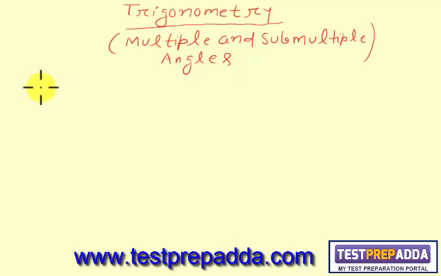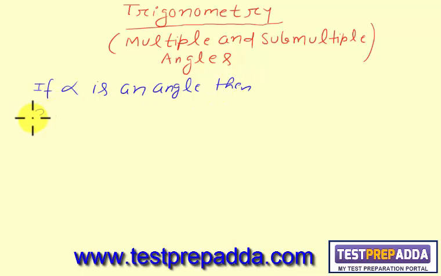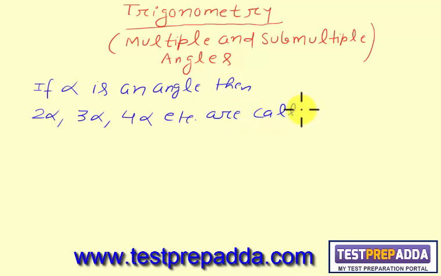If alpha is an angle, then if I write 2 alpha, 3 alpha, 4 alpha, etc., these are called multiple angles.